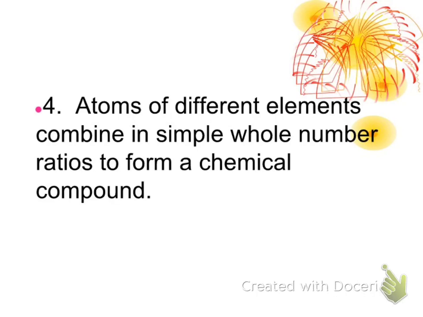So what he's saying is that when a reaction happens, since mass is conserved, all the atoms do is rearrange into different ratios, but we have the same number of atoms rearranging into different products. And so that kind of proves the law of conservation of mass, this last statement.